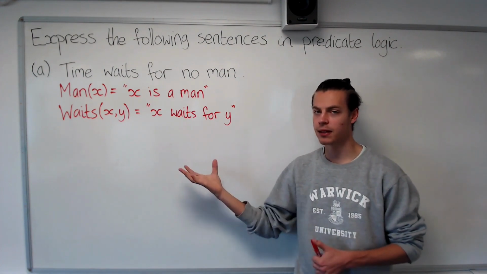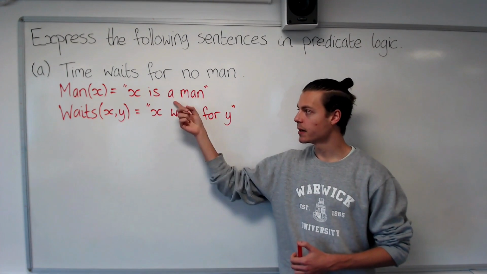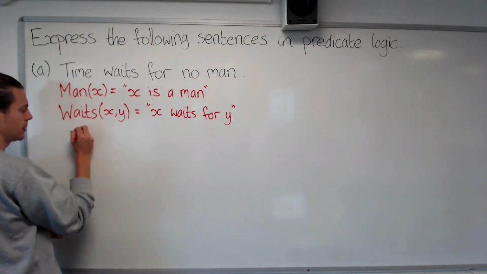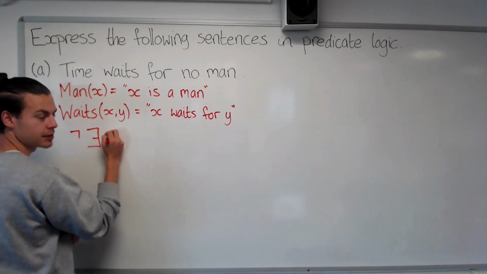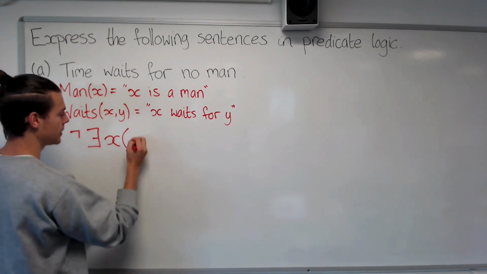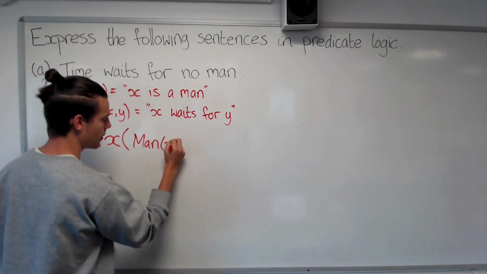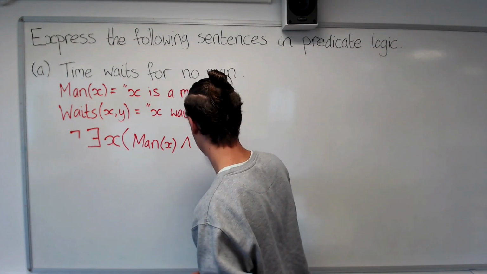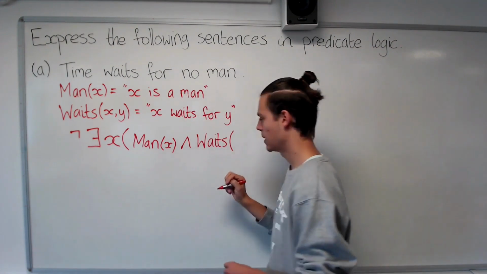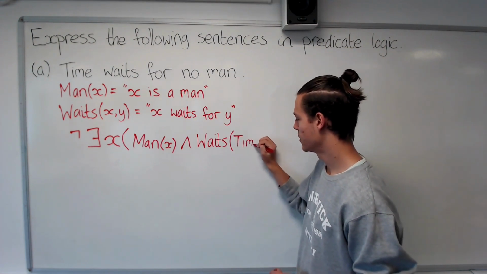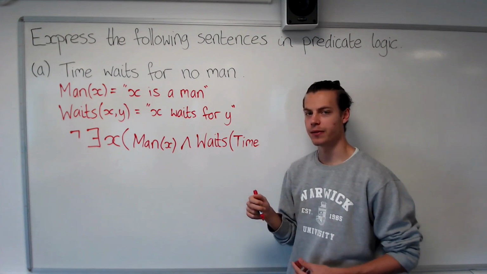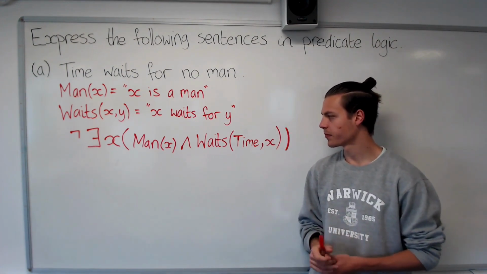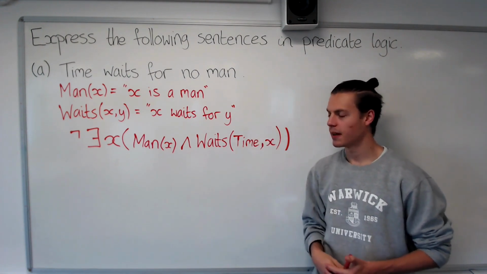So there does not exist some X such that X is a man and time waits for X. So it is not the case that there exists X such that X is a man and time waits for X. Time is not a free variable, time is an element of the universe of discourse. So this expresses our sentence.